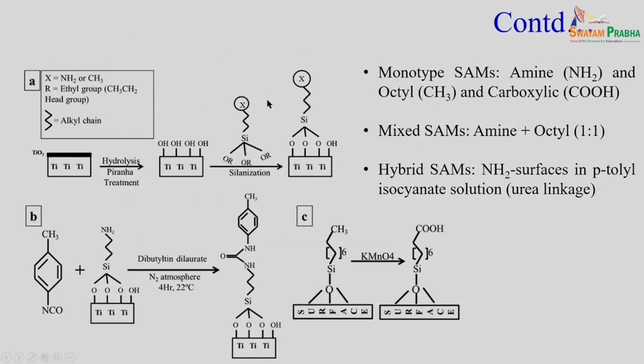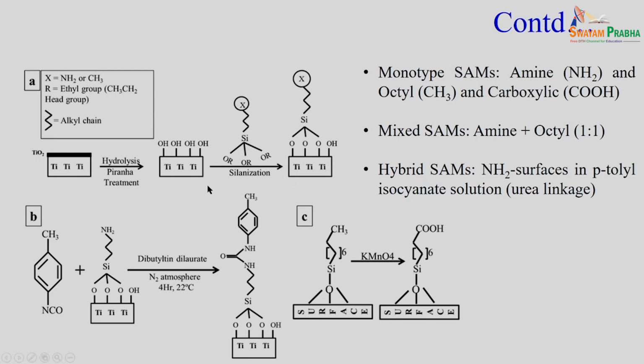So, if you remember, we have already discussed this in the last lecture. This is a titanium oxide surface. If you hydrolyze it, it will have the OH group, and this OH group can react with the head group of the surface modifying agent, and in this way the surface modifying agent is covalently attached on the surface.